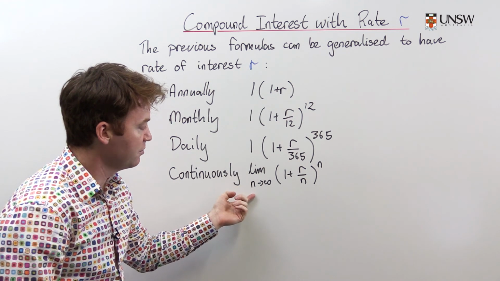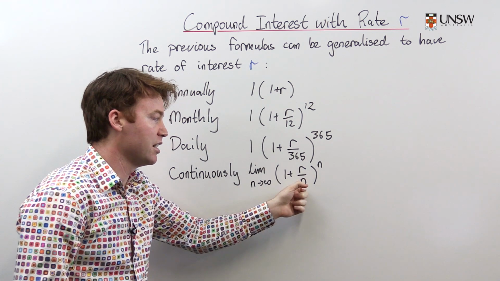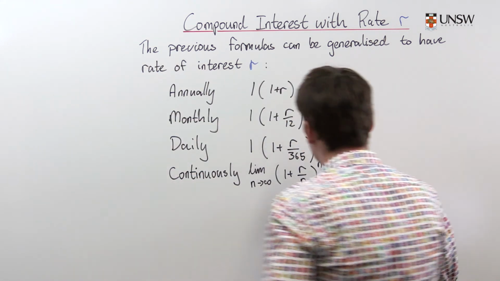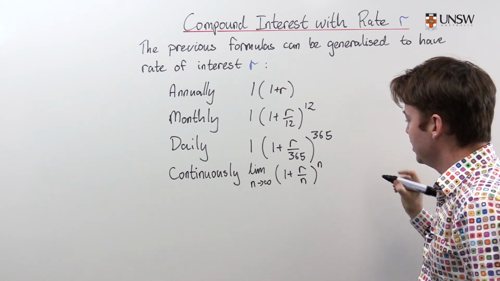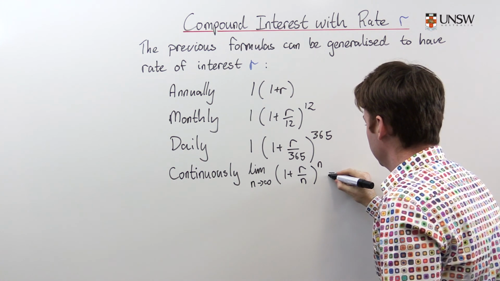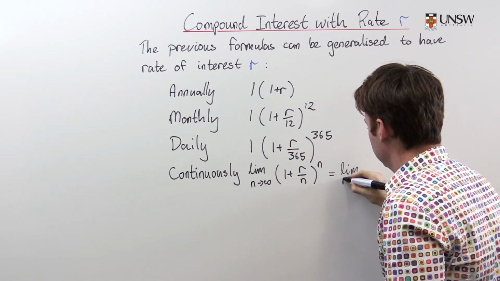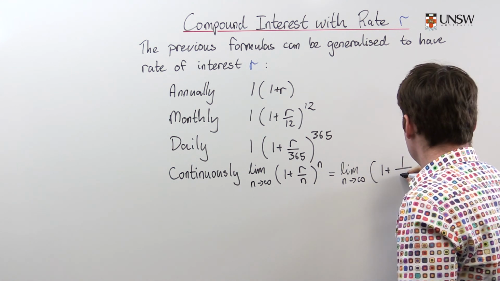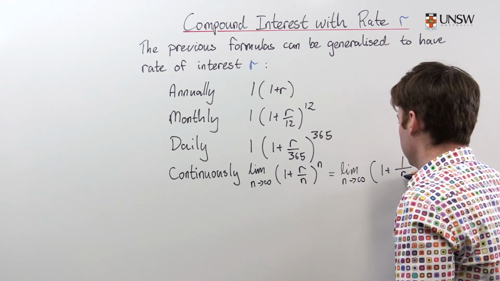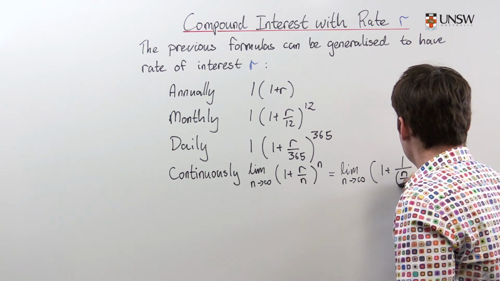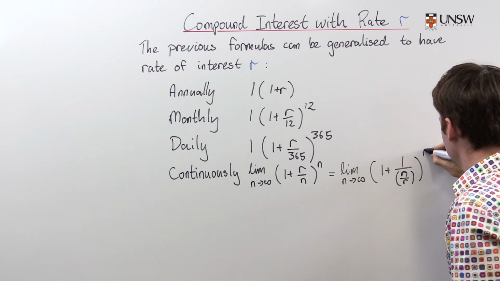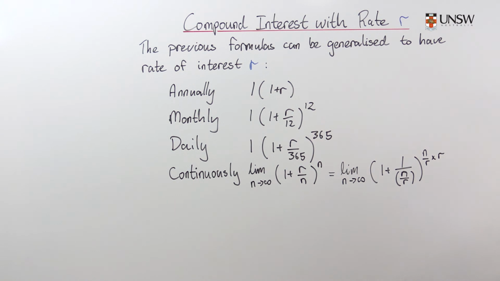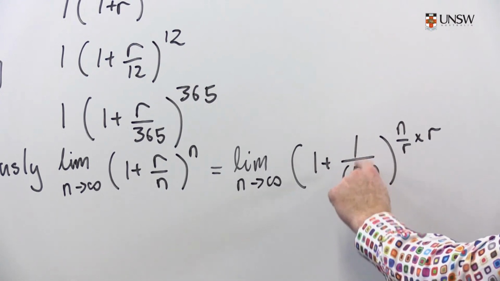Again, we have this formula where we take the limit as n gets very large of our compound interest formula, which we can write like this. So I've rearranged r over n to make it 1 over n over r.